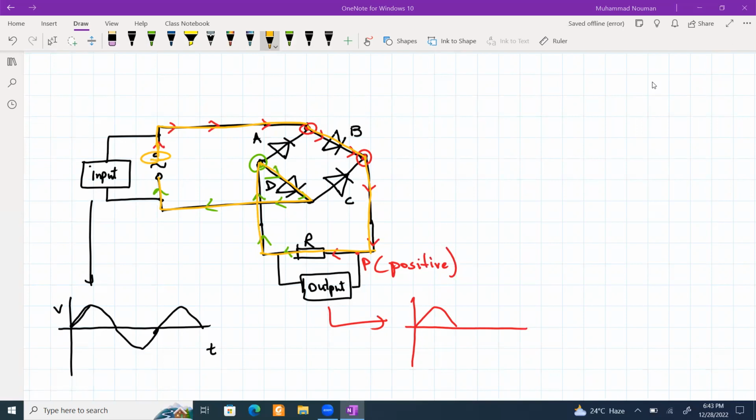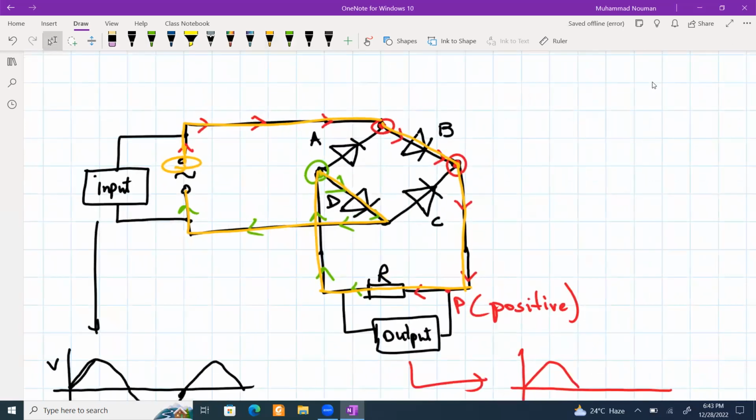Okay. So by the way, by looking at this circuit, the two diodes that I'm circling in yellow are forward biased to the pulse shown by the yellow colored path, right?